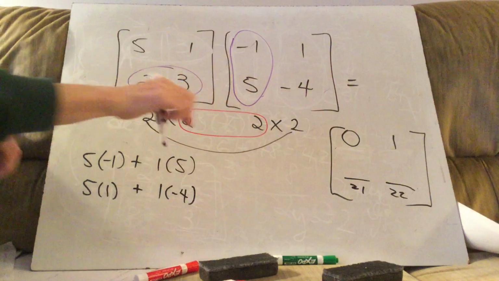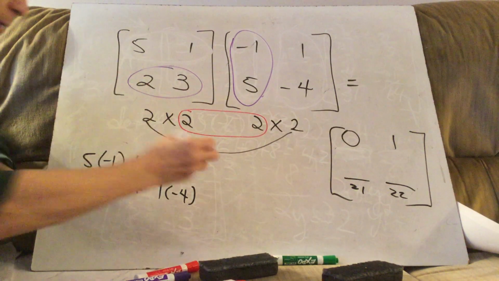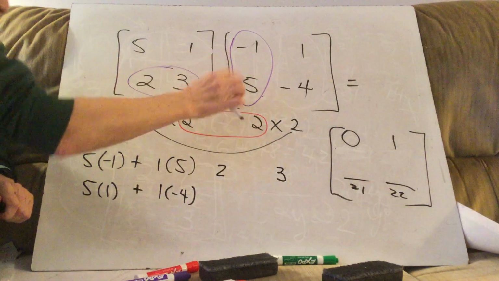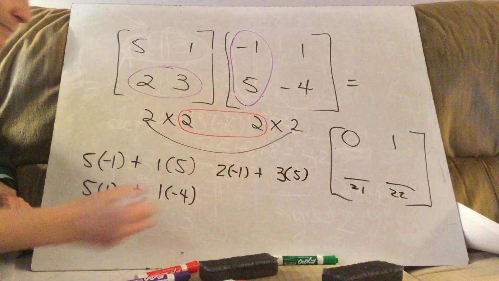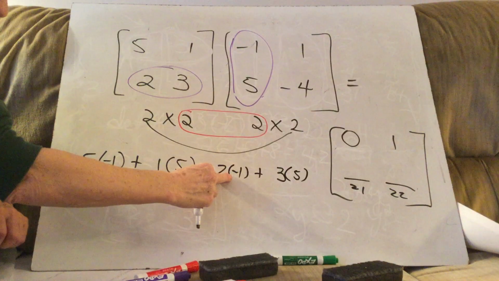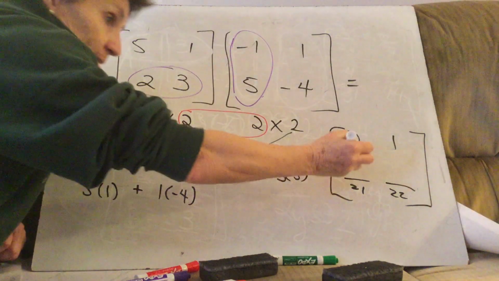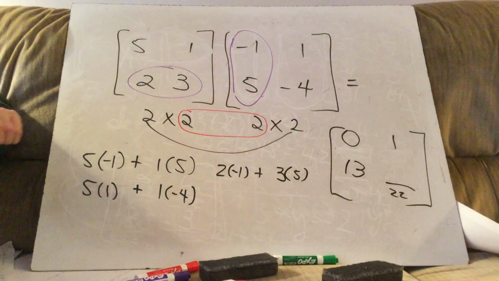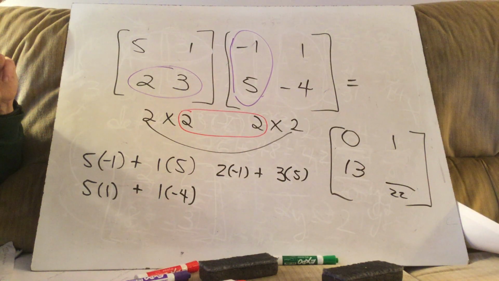So I will write down my 2 and my 3, and then I will write down my -1 and 5. And I'm going to add those together. So negative 2, positive 15, added together give me a 13. Add them together, I get 13.